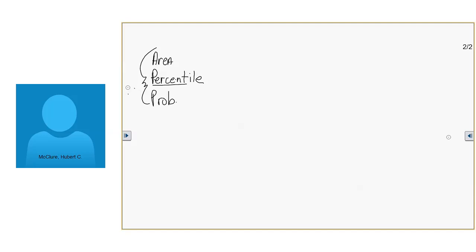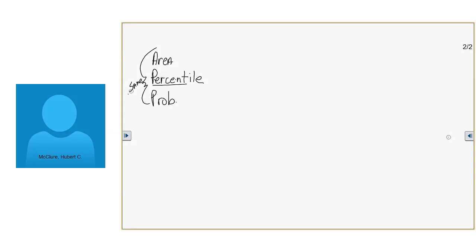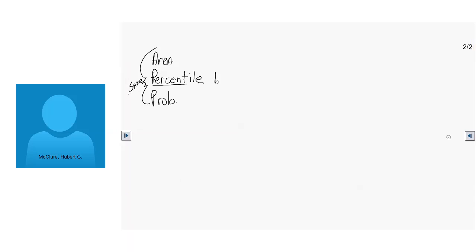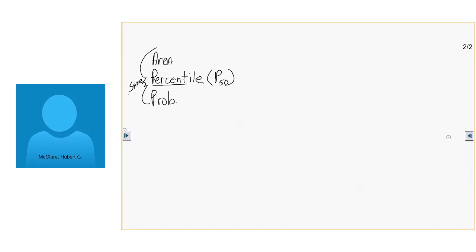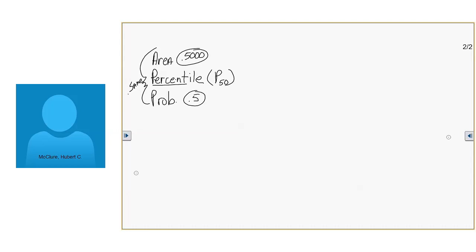Okay? So you may see a question asked for the area. You may see a question asked for the percentile. You may see something that looks like this. This is called the 50th percentile. You may see the probability of 0.5 or 0.5000. Okay, those are all examples of the same thing.